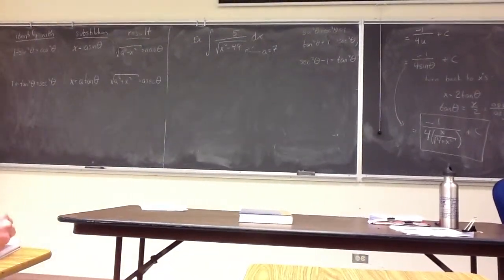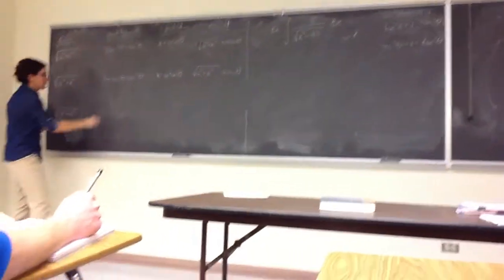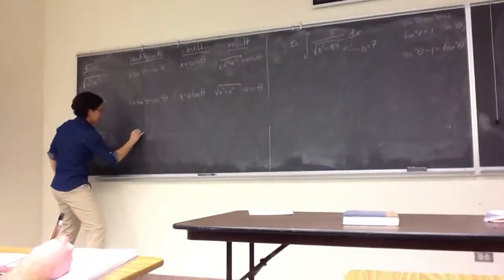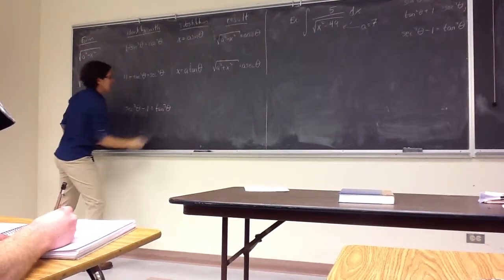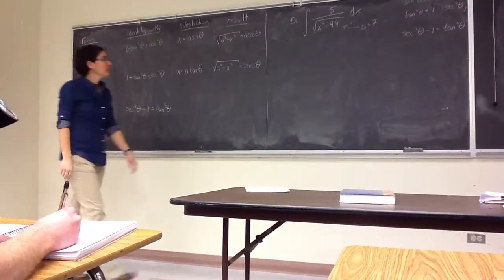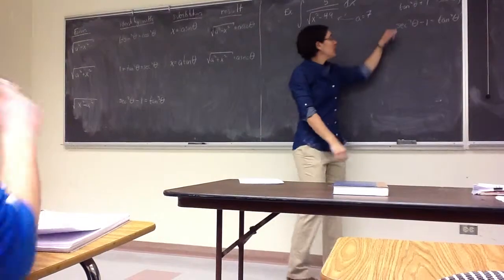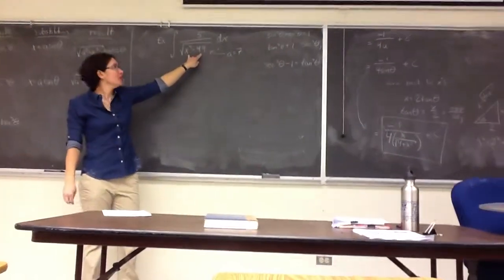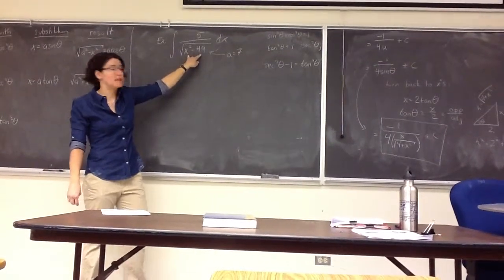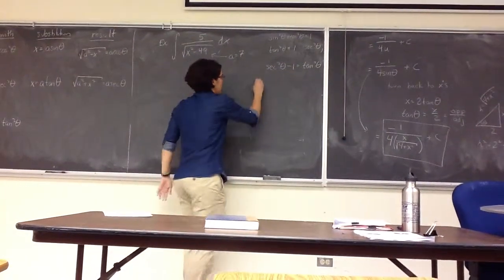So when I see square root of x squared minus a squared, I want to identify this with secant squared theta minus 1 is equal to tangent squared theta. All right, now we want a variable squared minus 49, which means that I need to multiply everything in this equation by 49.